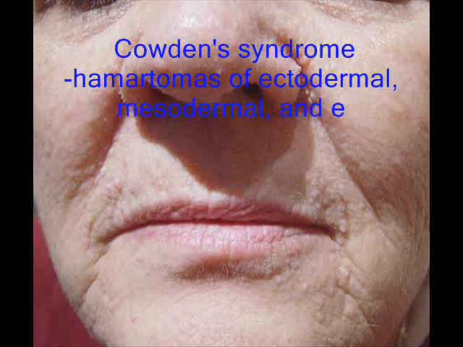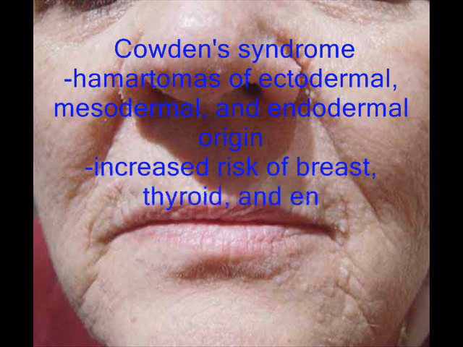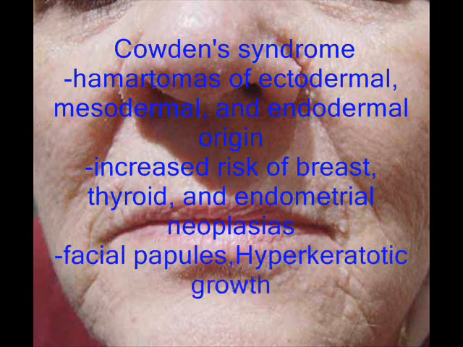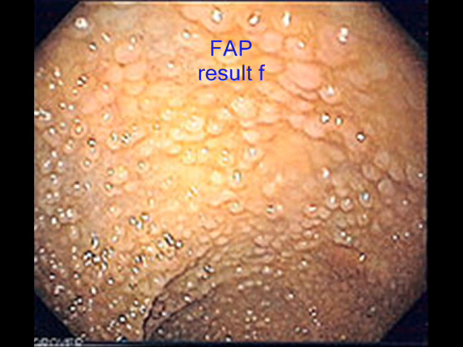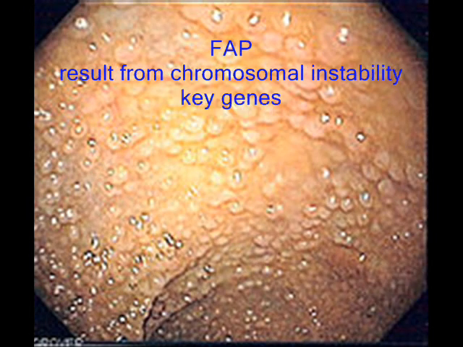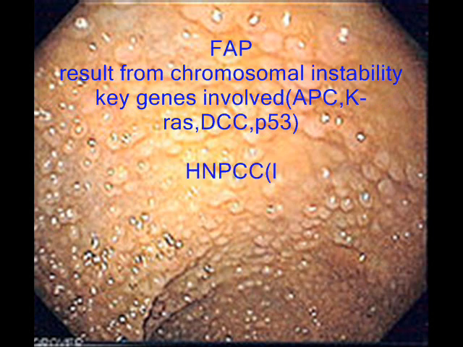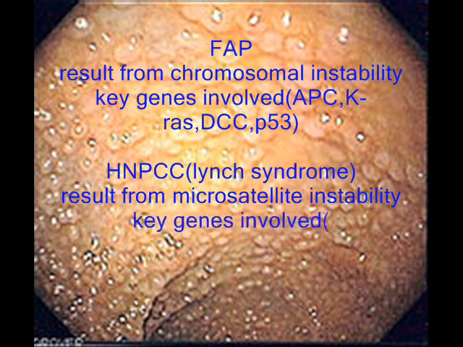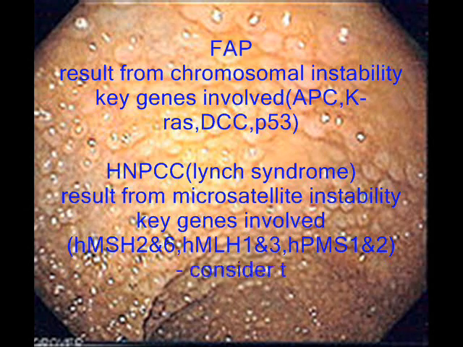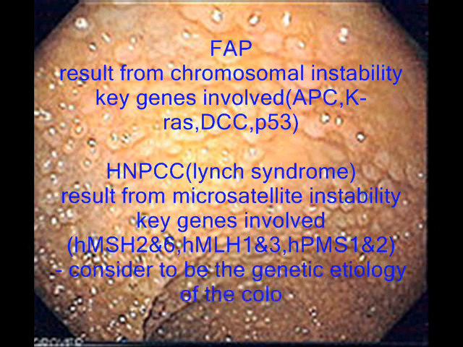Third is Cowden syndrome, with hamartomas of ectodermal, mesodermal, and endodermal origin, and there is increased risk of other neoplasms. Having said that, FAP results from what we call chromosomal instability. On the other hand, HNPCC results from microsatellite instability.